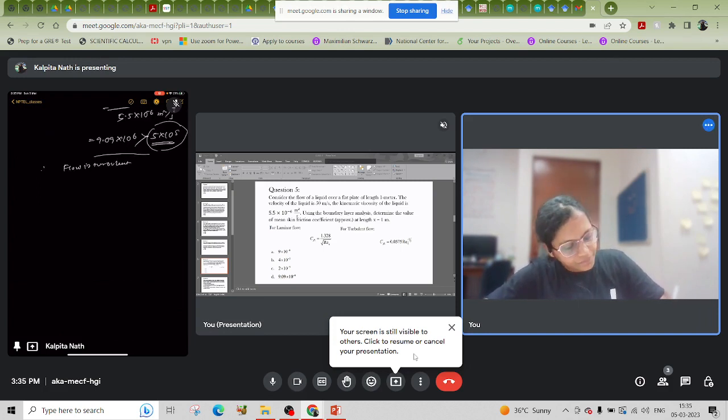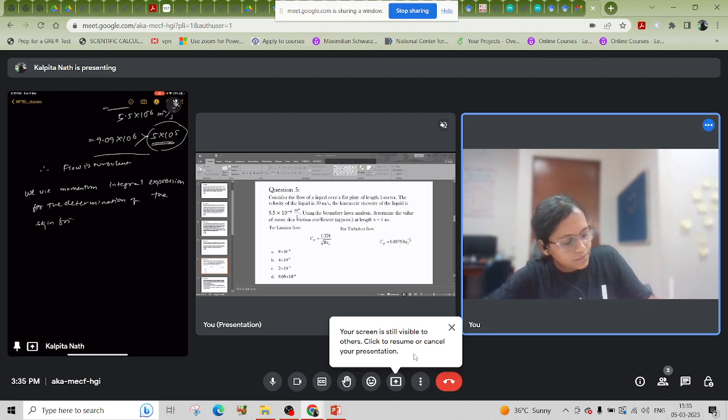Now we use the momentum integral expression for the determination of the skin friction.